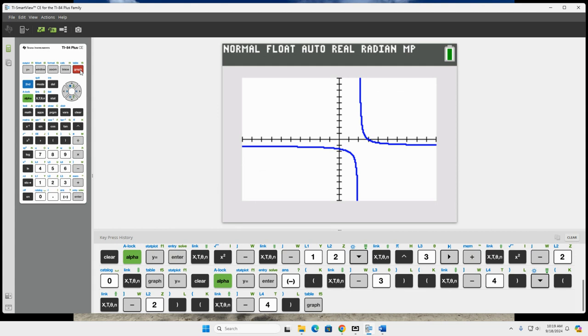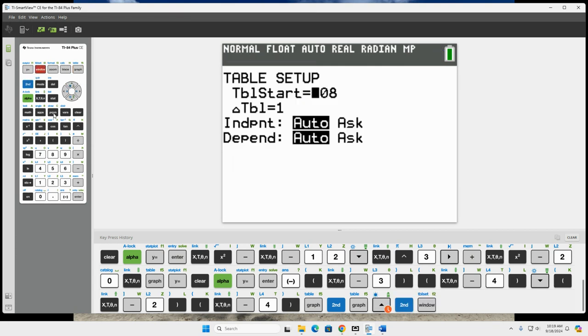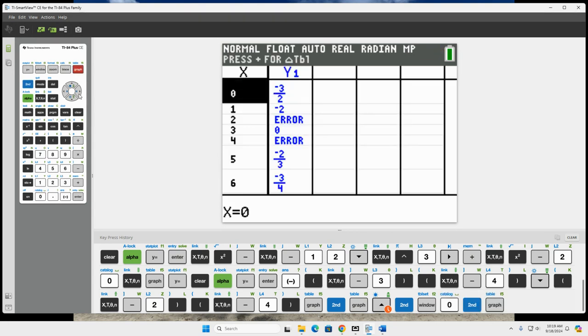And then if you just want to double check, there's no way to know for sure that the hole is there. Your calculator cannot graph a hole. I don't think it has the pixels to be able to do it. But if we went to the table, now we do see there's an error at 4, which there should be because there was a hole there.